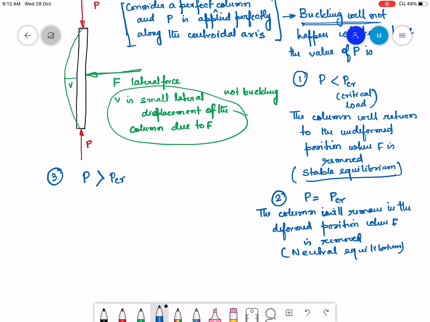So the column will deform further when F is removed and will be in unstable condition.